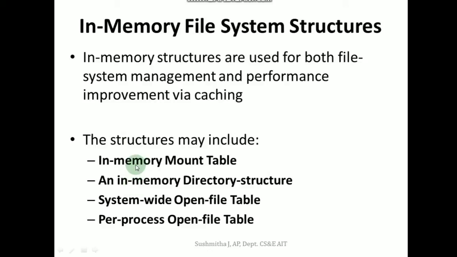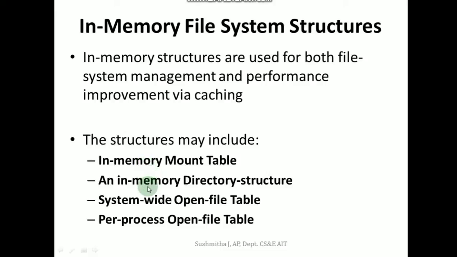So the first one we have is the in-memory mount table that contains a list of all devices which is being mounted, and whenever the connection is maintained to a device, an entry will be done in the mount table.